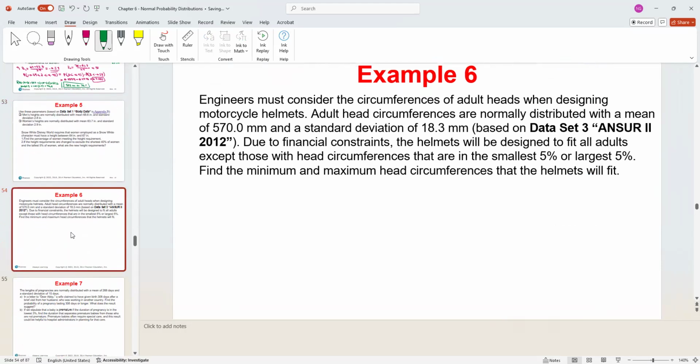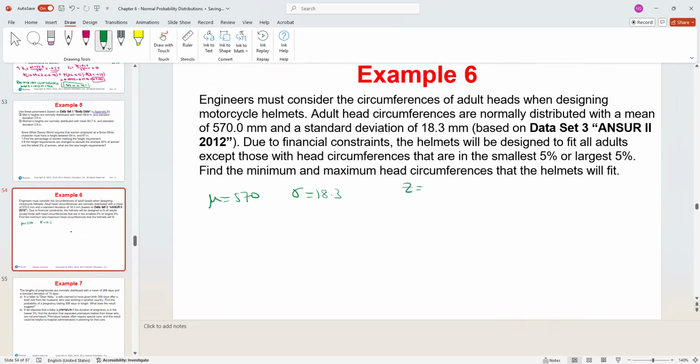But let's see. Another thing is very important to do in this section. Engineers must consider the circumference of adult heads when designing motorcycle helmets. Adult head circumferences are normally distributed with a mean of 570 and a standard deviation of 18.3.